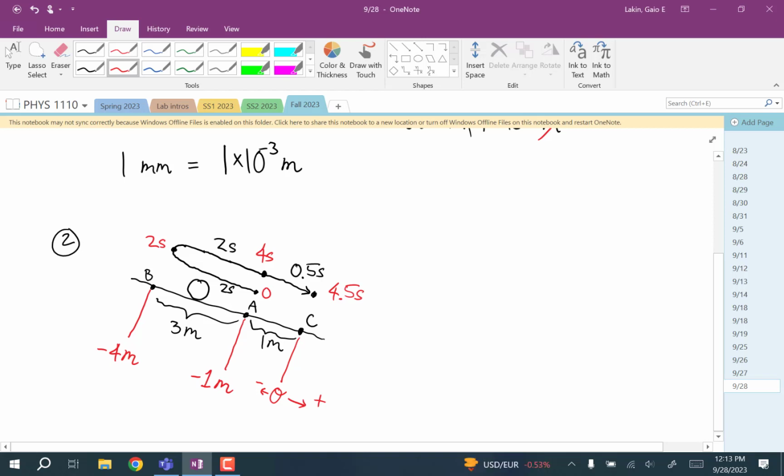So you're 4 meters away. Like how far would you have to walk to get from the 0 to here? You'd have to walk 1 meter to get to this spot, then you'd rest, and then go another 3 meters. So you've gone a total distance of 4 meters away from 0. And then it's in the negative direction, so you put the negative on the 4.